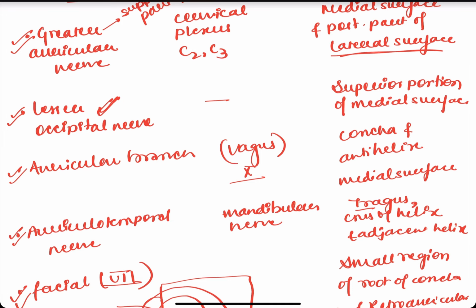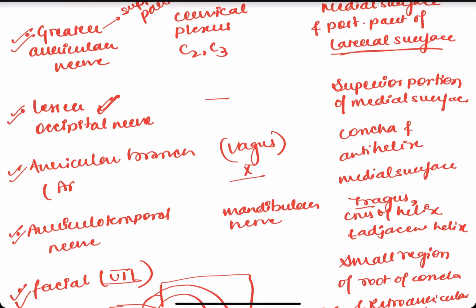When removing the excess wax from the ear there will be a coughing reflex. This is due to the auricular branch of the vagus nerve. What is Arnold's nerve? The auricular branch of the vagus nerve is known as Arnold's nerve or Alderman's nerve.